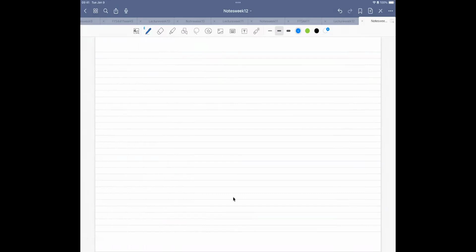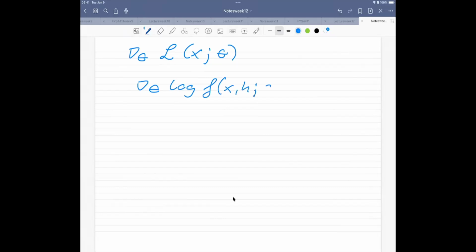When we look at the derivative of the cost function L of X of theta, one of the quantities we end up having to calculate is the derivative of the log of some f of x, h of theta. You see clearly the advantage of having a model f which is given by an exponential.